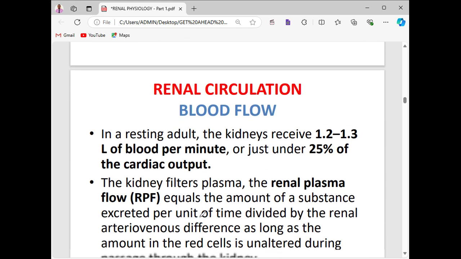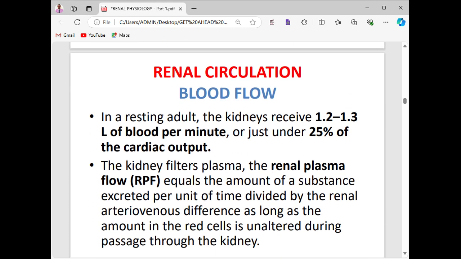From there we move on to renal circulation. Under renal circulation, we're talking about the nephron and its blood vessels.